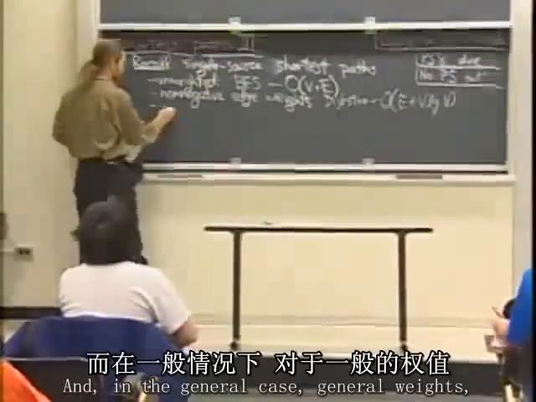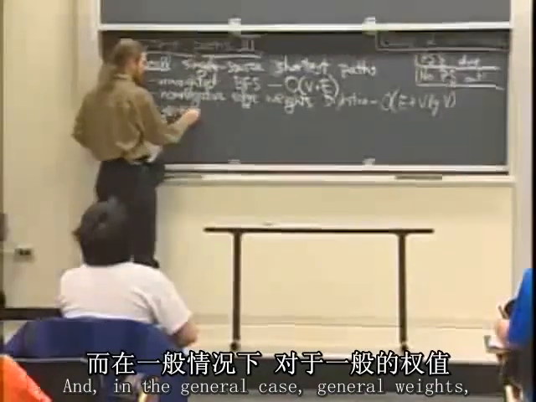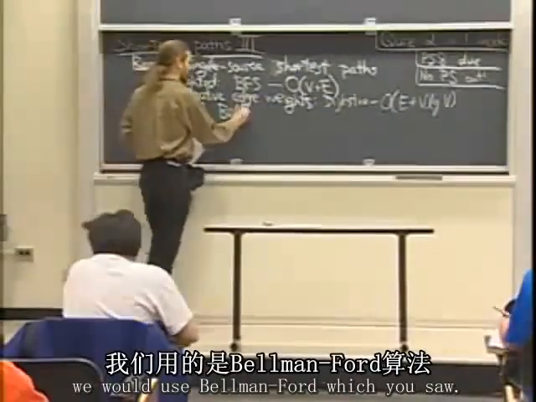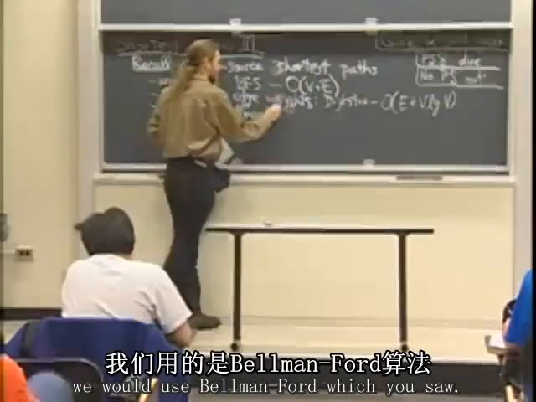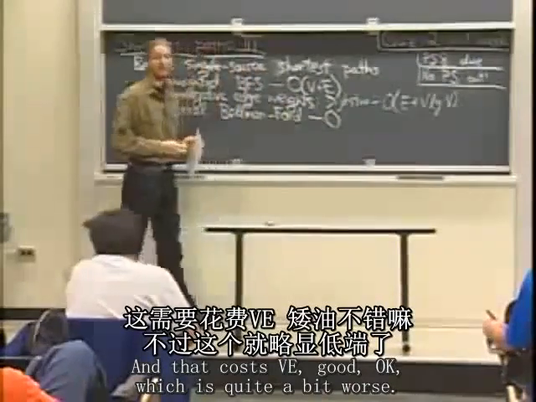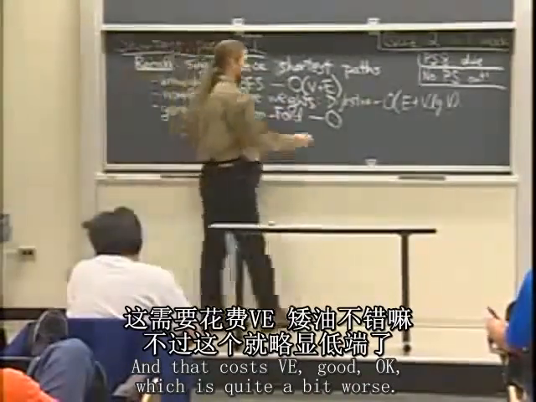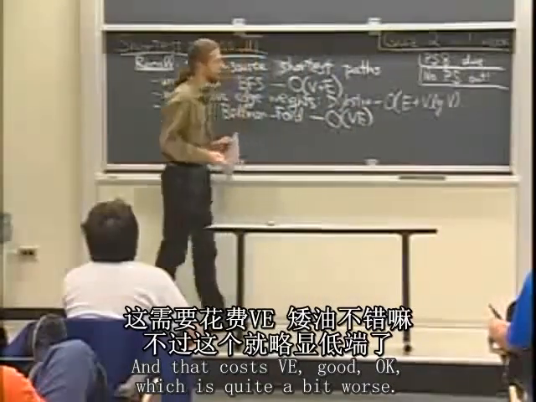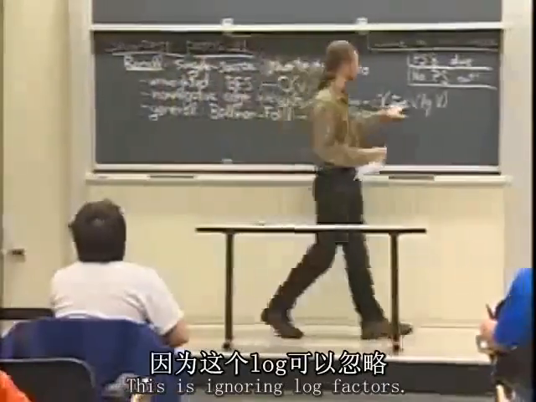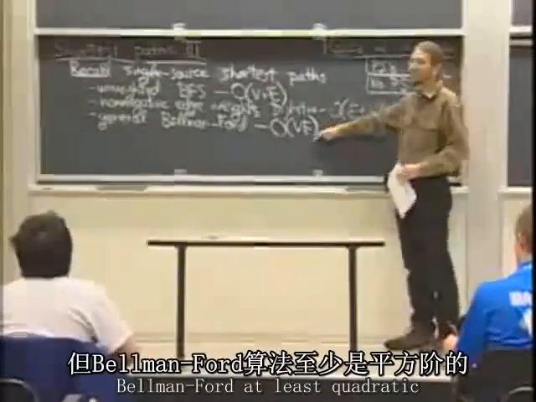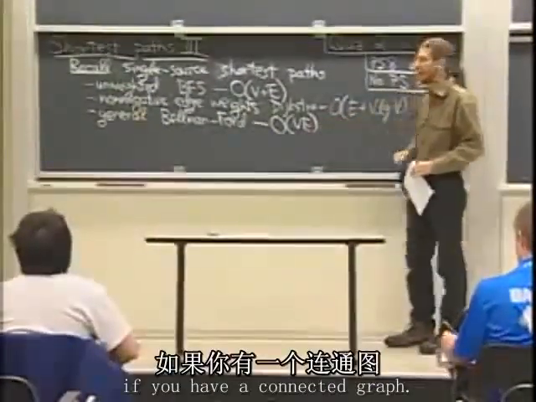And in the general case, general weights, we would use Bellman-Ford, which we just saw. That costs VE, which is quite a bit worse. Ignoring log factors, Dijkstra is basically linear time, while Bellman-Ford is at least quadratic if you have a connected graph.